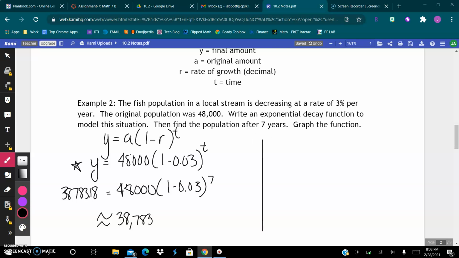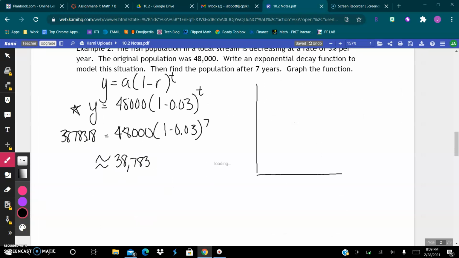Now we're going to have to graph this. We're going to need a t-table. Remember, our x is really t here. And at 0, we have 48,000, so that's our starting value. And after 1 year, we're going to be down to 46,560.